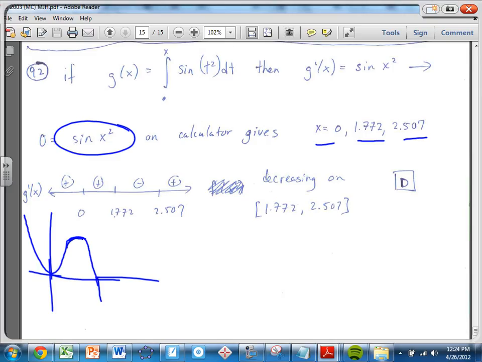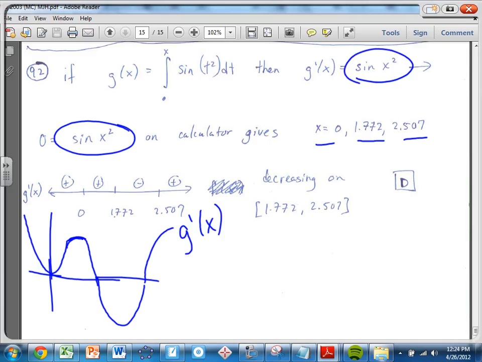Then it's going to be below the axis. Then it's going to be back above the axis. This will be the graph of g prime. Again, that's the graph of sine of x squared right there.